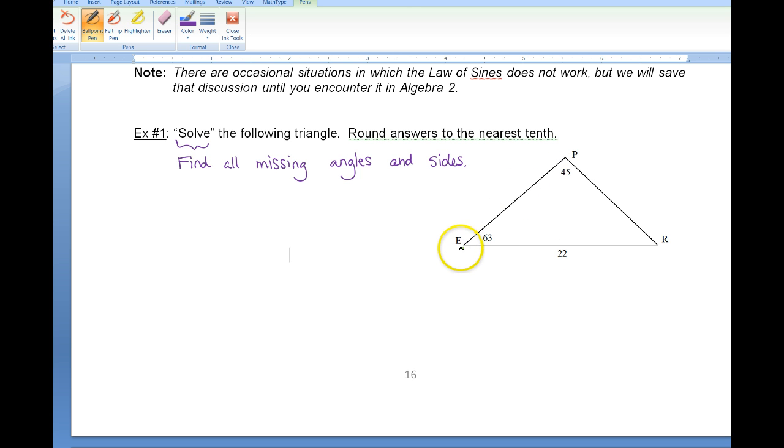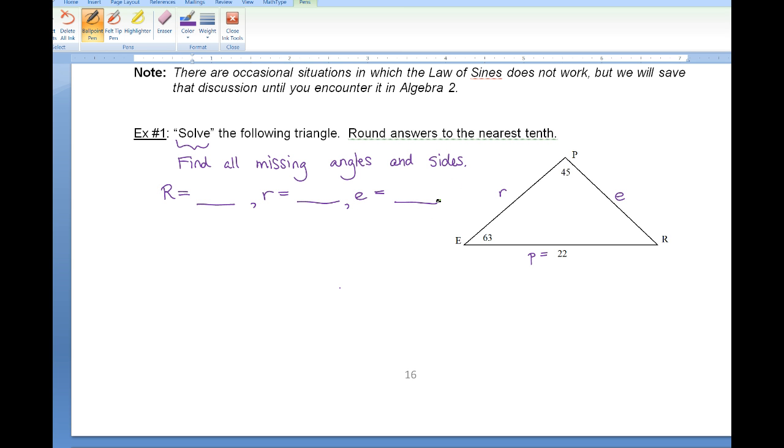So, for example, here's capital letter E, so I'm going to use lowercase e to name the opposite side. Here's capital P, so this is lowercase p. And then capital R is here, lowercase r. So really, what three pieces am I missing? I'm missing angle R, I'm missing little r, and I'm missing little e.